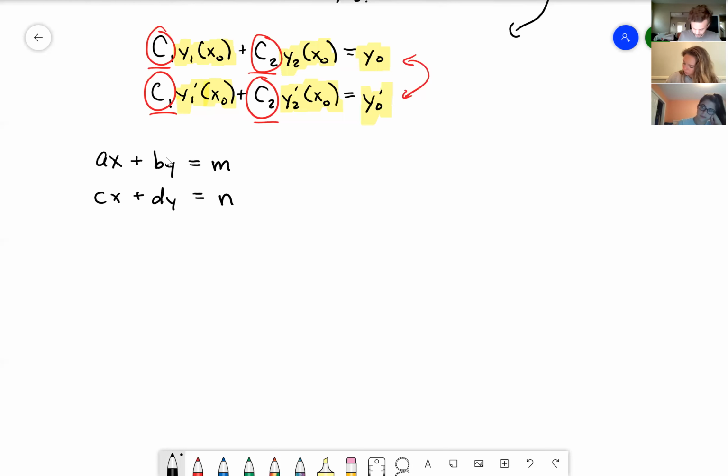So we can look at what's corresponding here. This y1 of x0 might correspond to a here, and this y2 of x0 might correspond to b. This m might correspond to this y0, and so on.